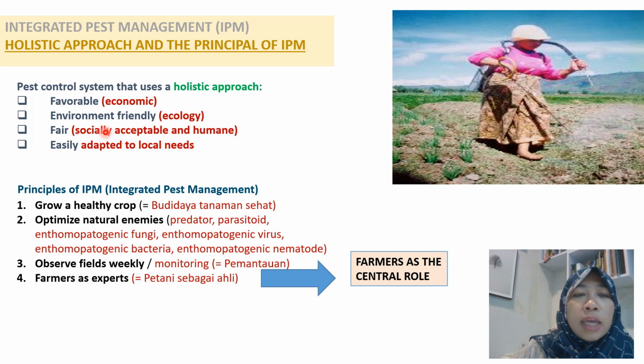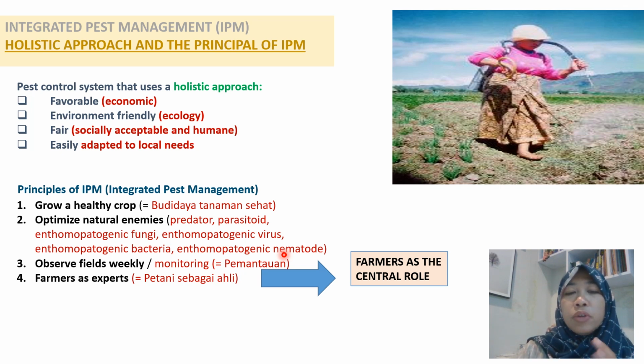And then socially acceptable and humane. Not all pest control is socially acceptable. For example, the use of entomopathogenic nematode. Entomopathogenic nematode is a pathogen to insect. So we can control insect with nematode.